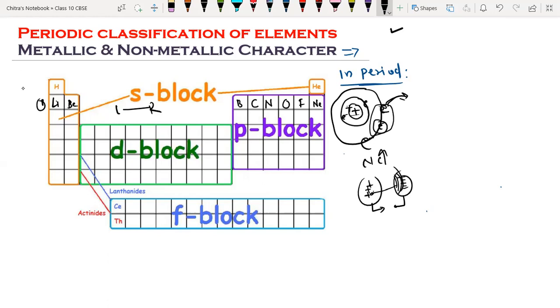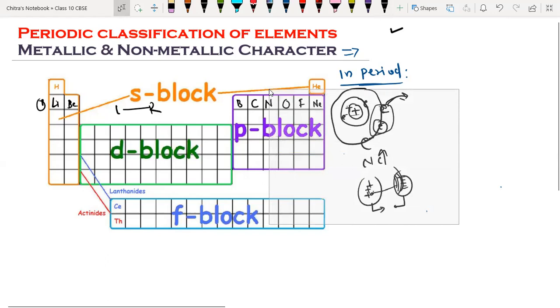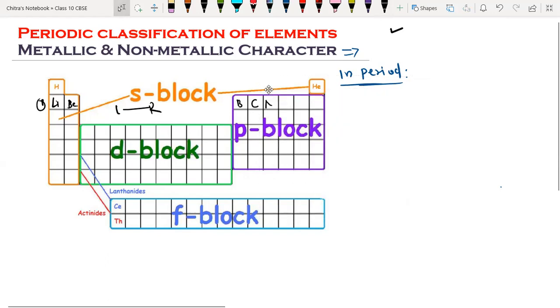Okay, so let me write it for you so that you will understand more precisely. Let me erase that part. So when we move from nitrogen, we have oxygen, then fluorine and neon.